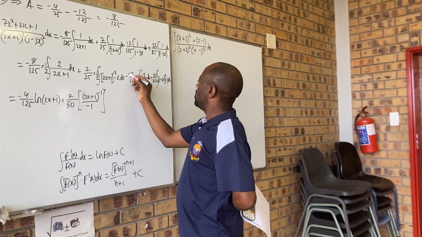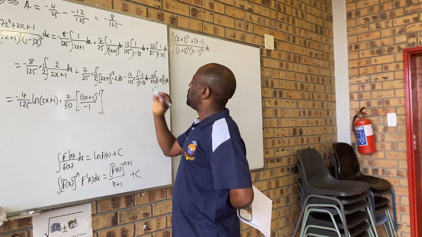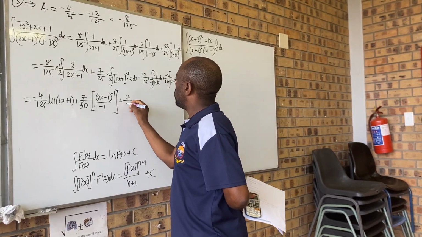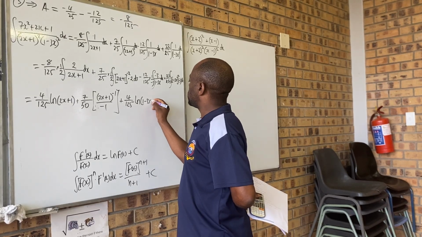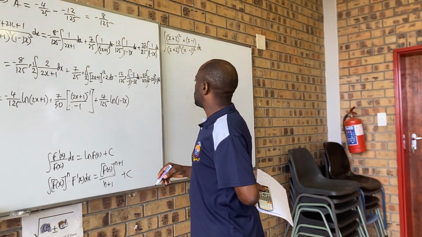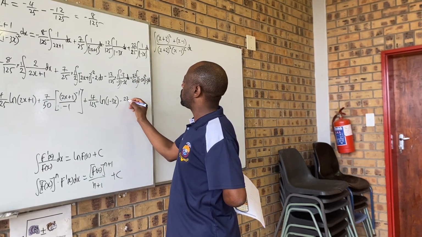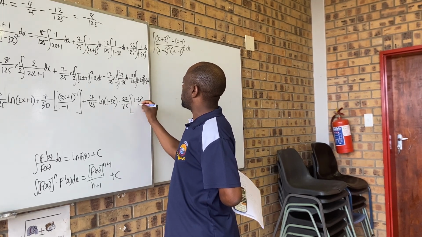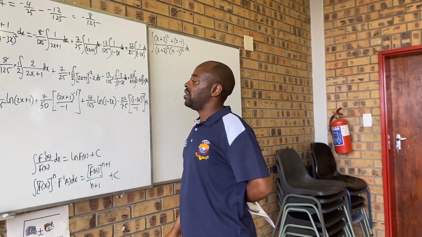Then for the third, if I multiply, this negative 3 will simplify negative 12 to become 4. So I'll get 4 on 125, the ln of 1 minus 3x, since I'm dealing with this formula. Then for the very last one, if I multiply this, it will give me negative 22 on 75 into 1 minus 3x to the power negative 1 on negative 1, plus c.